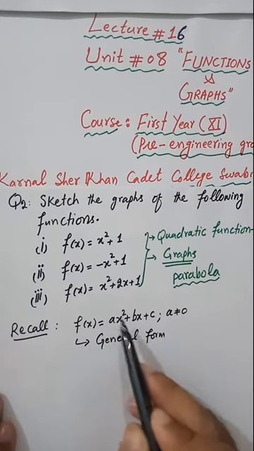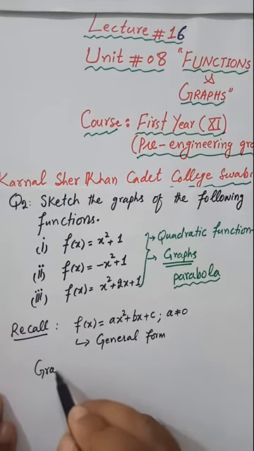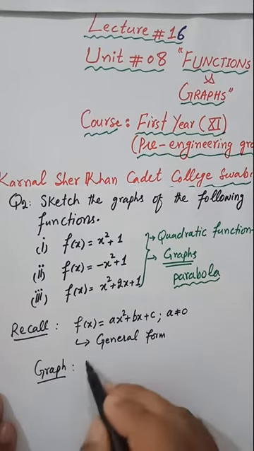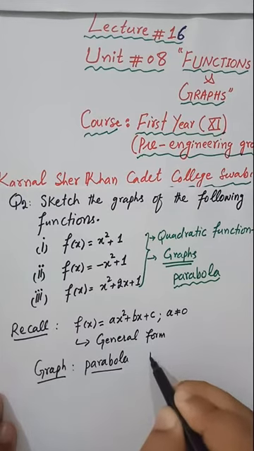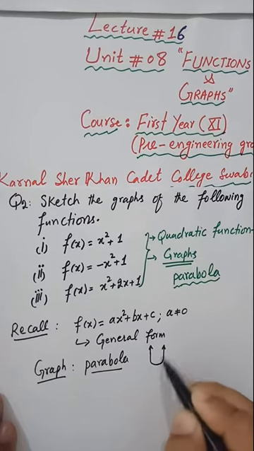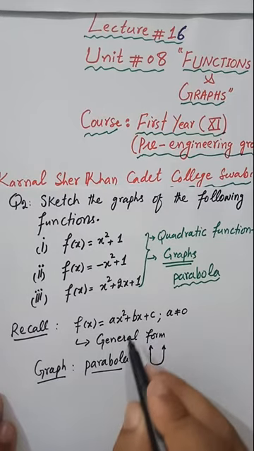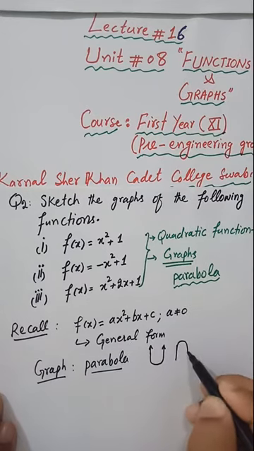So first, if you want to sketch the graph of this, remember that the graph of the general quadratic function will always be a parabola. That parabola may be in U shape, and its branches will be open upward, or the graph of this quadratic function, given in the general form, will be a parabola whose branches will be open downward.